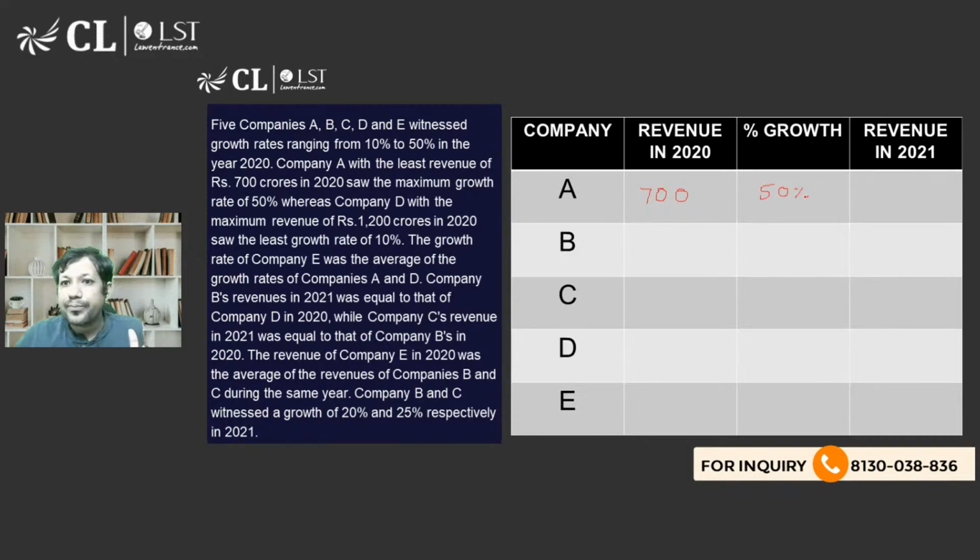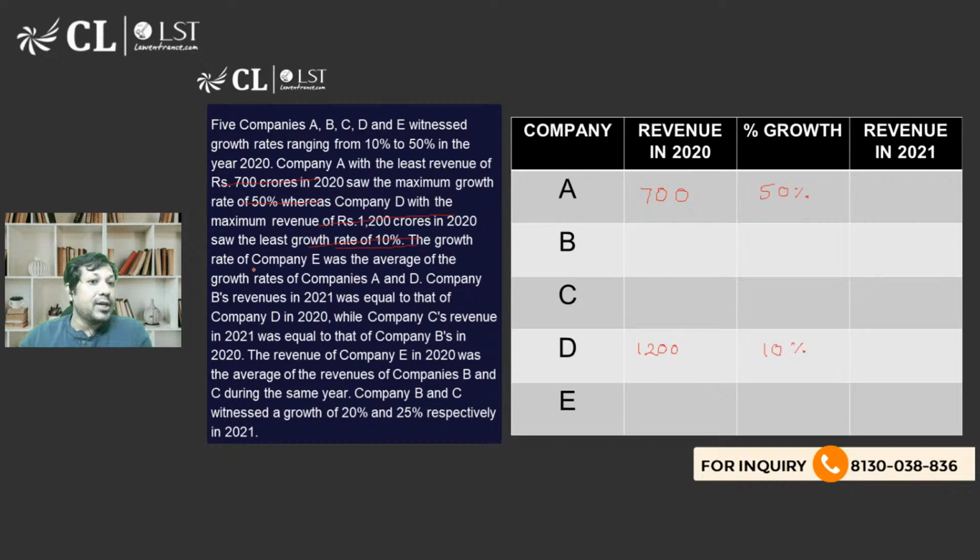Company D with the maximum revenue of 1200 crores has the least growth, that is 10%. Whatever I am using completely in the table, I am just going to eliminate it. I am canceling it out.